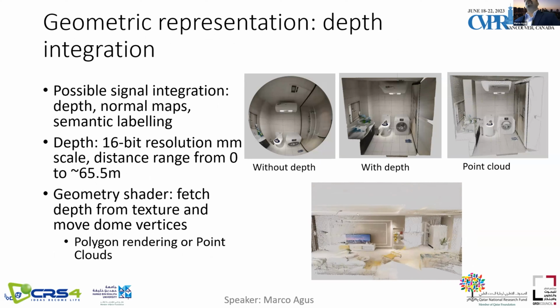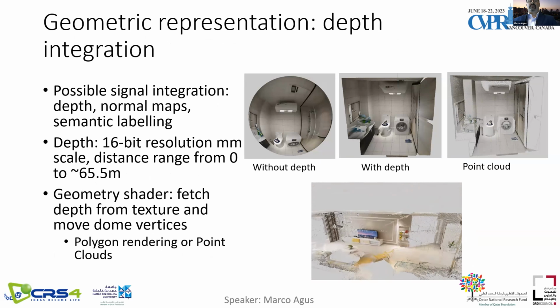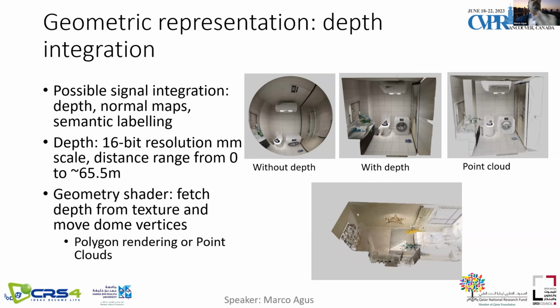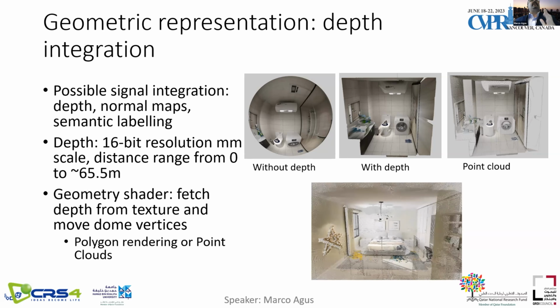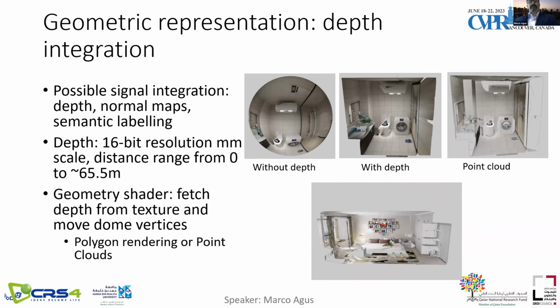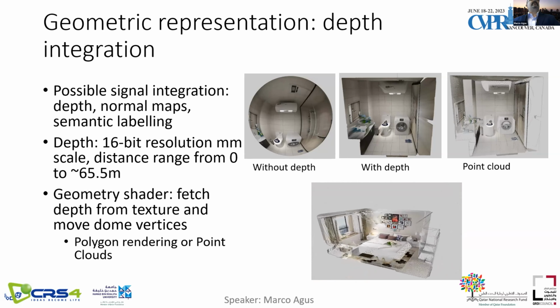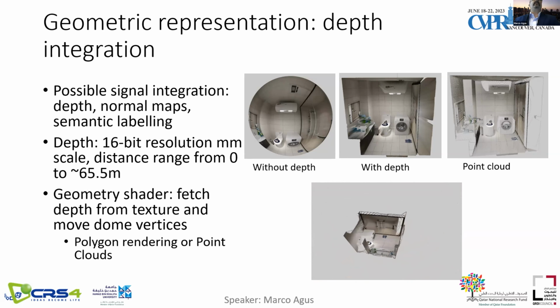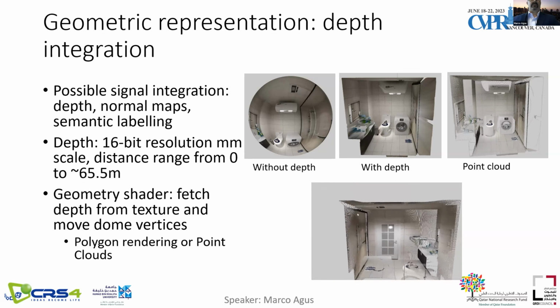So that is more than enough for most indoor environments, and you can use them for displacing the vertices of the spherical dome, or even for creating point clouds that you can use for interaction.